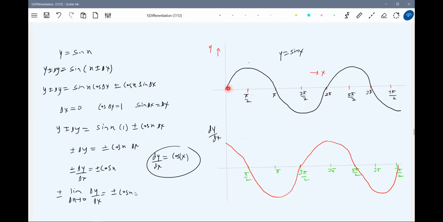So if you calculate the slope of this curve, there is a meaning of slope, no? Look at the slope at various points.